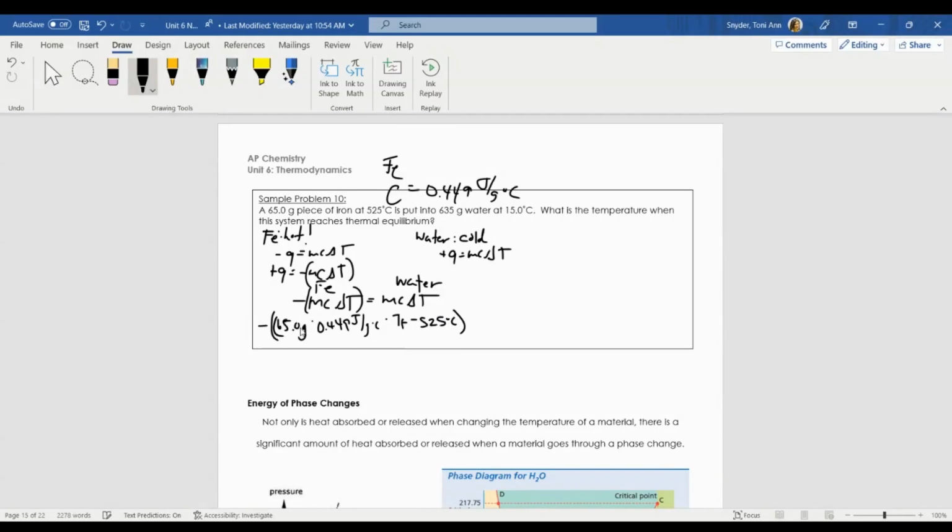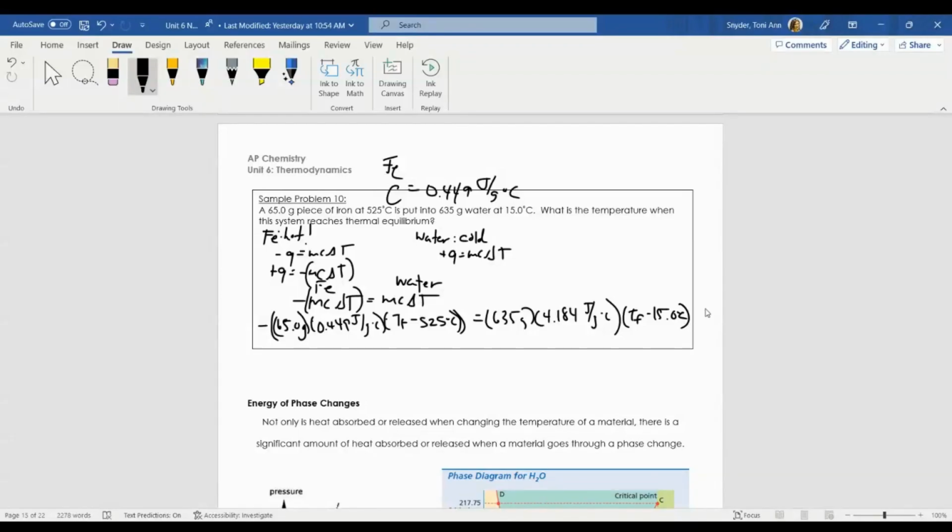If we want, we can do little parentheses around each of these. There we go. And that's equal to the mass of the water, 635 grams, times the specific heat for liquid water, 4.184, times delta T. Again, I'm trying to find the final temperature of the water, so I subtract from that the initial temperature of the water, which is 15.